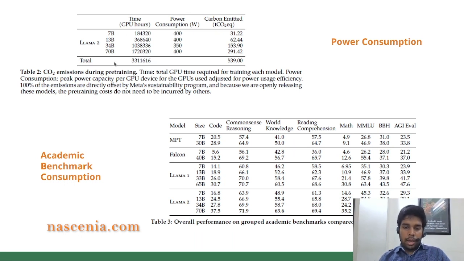And for academic benchmarks, the LLaMa 2 70 billion parameter model crushes all the other models, but if you go down, you would want to consider other models as well, because as the number of parameters goes down, the difference in performance between other models actually decreases.